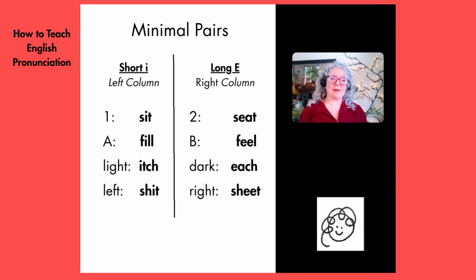Okay, so we're going to be listening for the difference between sit, the column on the left, and seat, the column on the right. Okay, fill, feel, itch, each, shit, sheet. Okay, very, very small difference between those sounds.